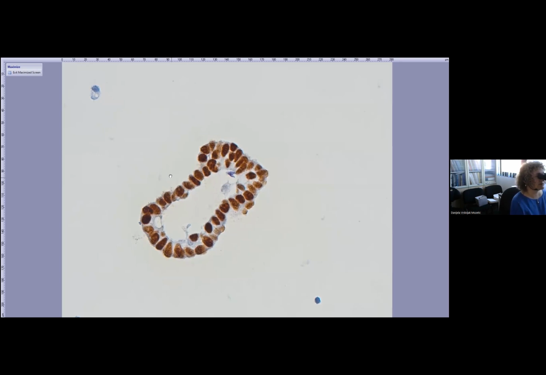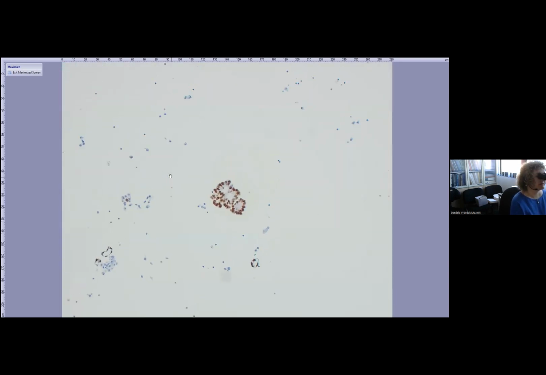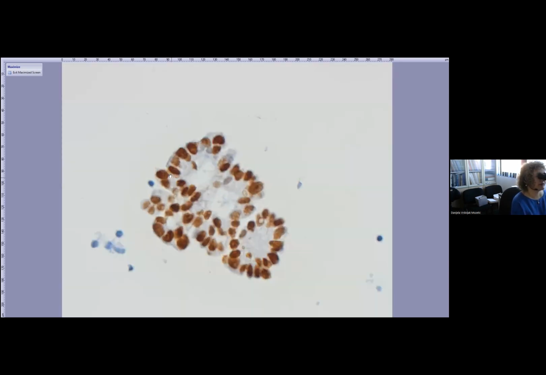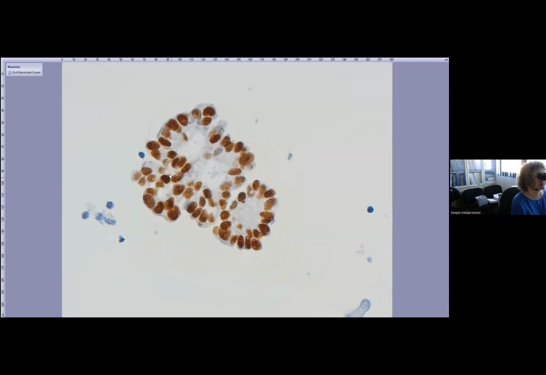So both situations are a consequence of the mutant p53, and it is considered high-grade serous cancer. If we have one cell positive, the next cell negative, we will call it wild type, and it is then not high grade, it is low grade or borderline. So this was high grade, no matter that it was, I should say, monomorphic.